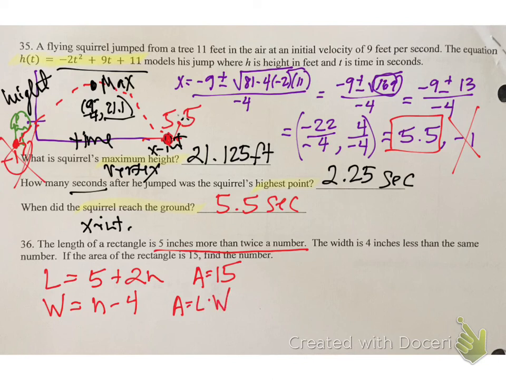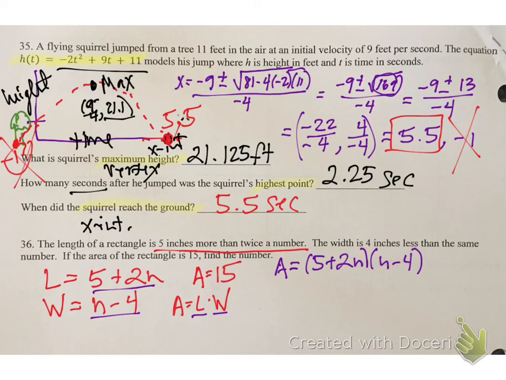So I'm going to take my area formula, length times width, and I'm going to plug these in. So area equals 5 plus 2n times n minus 4. And then I'm going to solve.